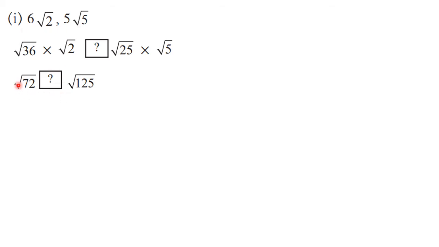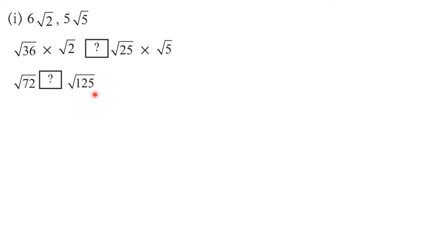So now we can observe that the order is the same in both places. It is 2. So such surds are called what? Quadratic surds. Surds with order 2. Now since the order is the same, we can compare the radicands. Here it is 72, here it is 125.